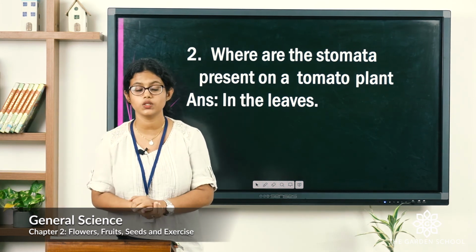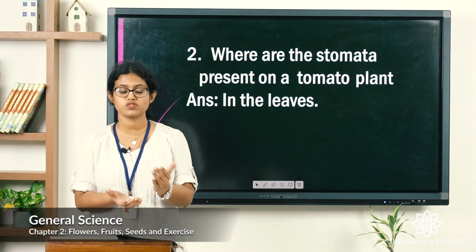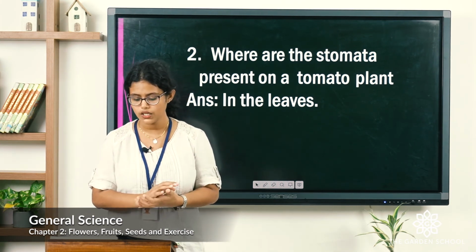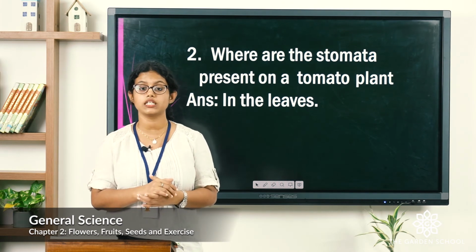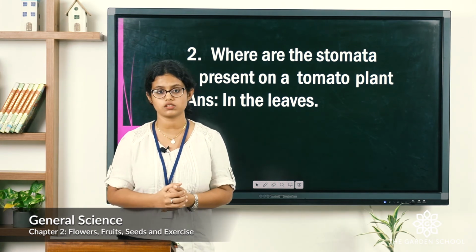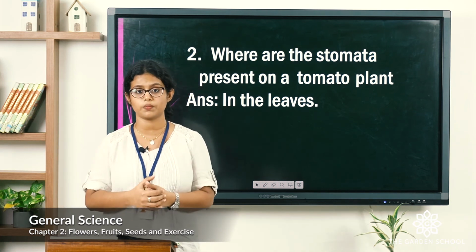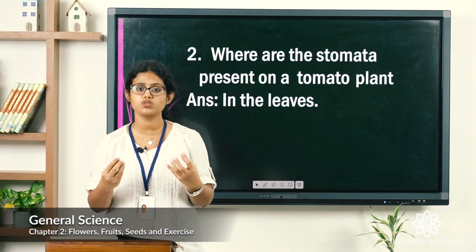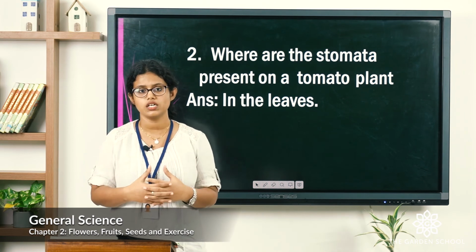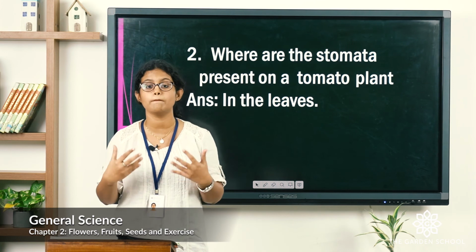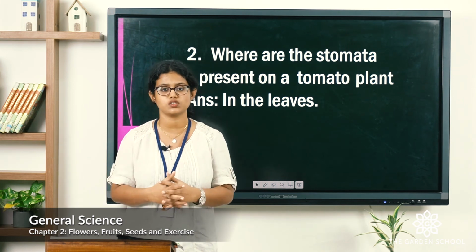So now let's see the value-based question. So what you have to do is you have to think over this question. So let's read the question. Why should we not pluck the leaves and flowers of a plant? So we all know flowers are the most colorful part of a plant, or you can say it is the most beautiful part of a plant. And when you pluck these leaves and flowers, its beauty is destroyed.